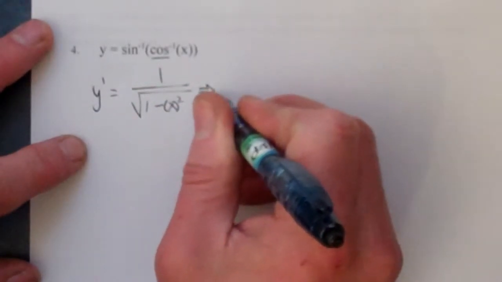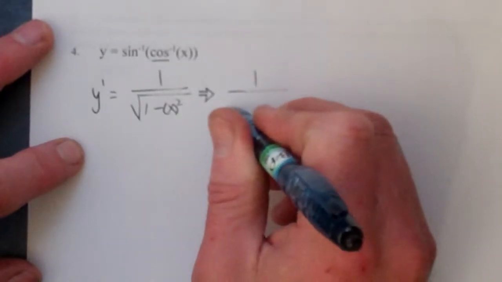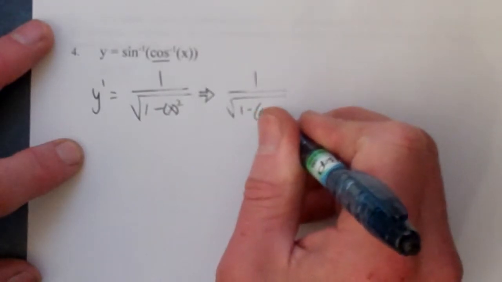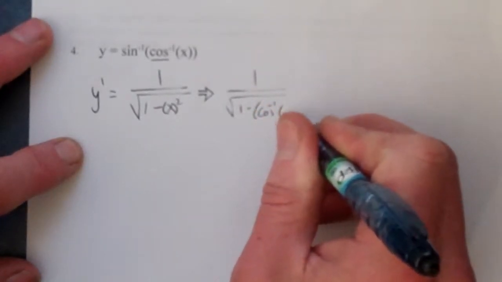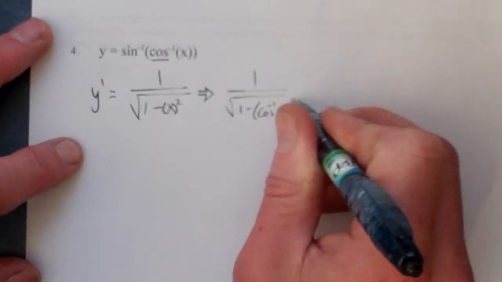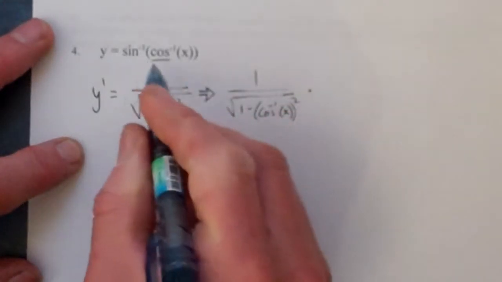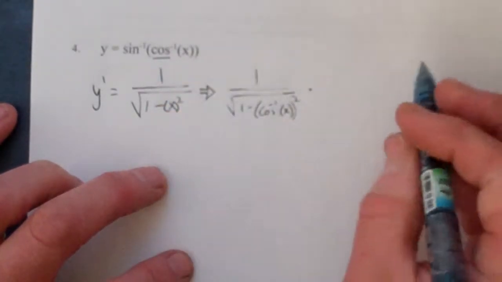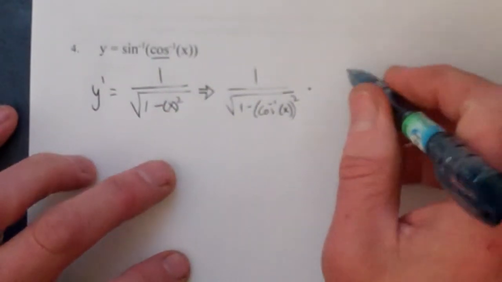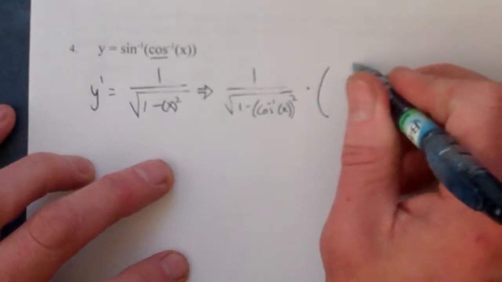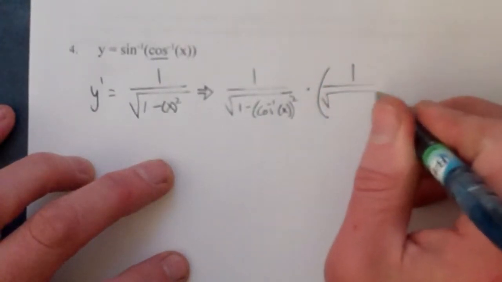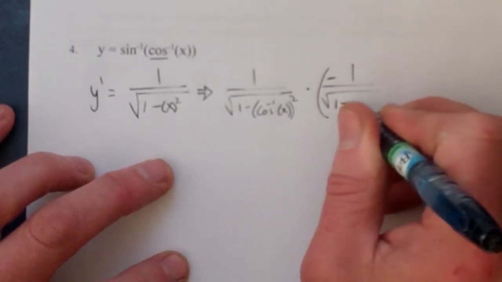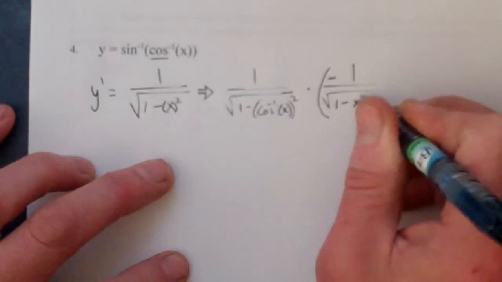So I should be more careful, but it's 1 over the square root of 1 minus cosine to the minus 1 of x squared, and then times the derivative of the inside. The derivative of inverse cosine is then 1 over the square root of, that's a minus, 1 minus x squared.